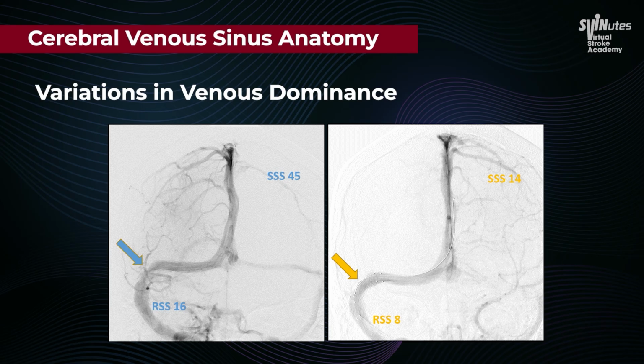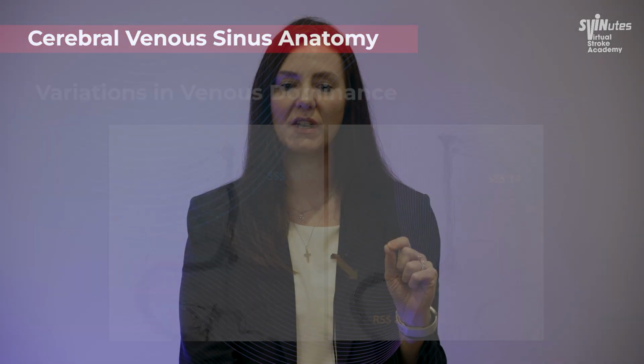The dominant drainage was through the right transverse sinus, and then you got this pinch point from that arachnoid granulation. So the pressures are shown on this slide, and you can see that this person had intracranial hypertension with a pressure of 45 in the superior sagittal sinus, but then we were able to stent that sinus to release that pressure, and the pressure did normalize on the right side of the screen as soon as that stent was placed.